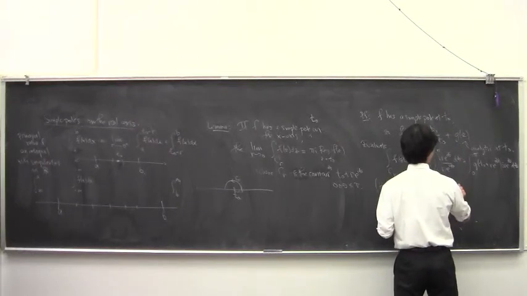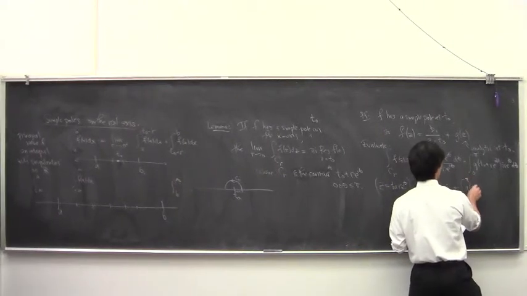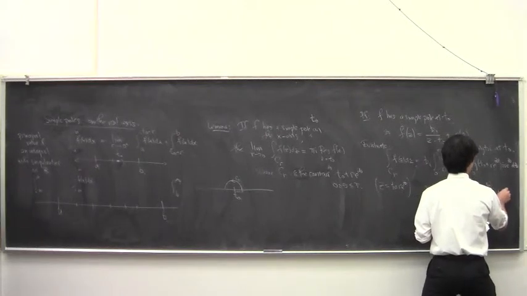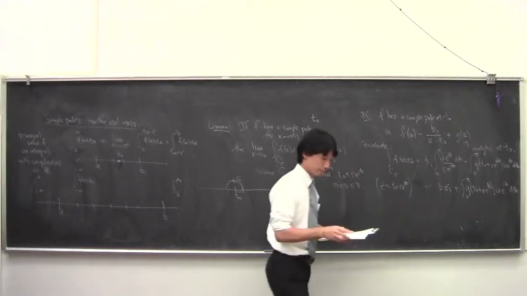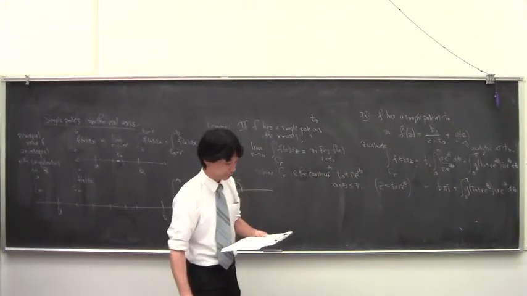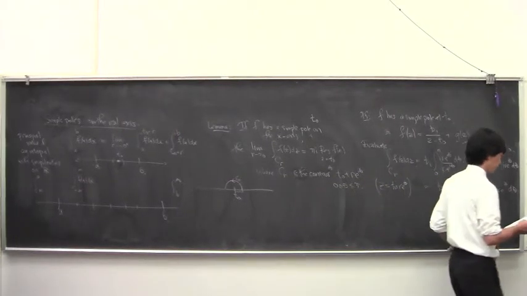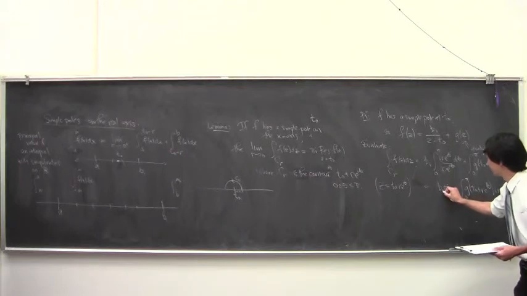You get i b pi i, plus the integral of g(t naught plus r e^{i theta}) i r d theta. So this will be 1.